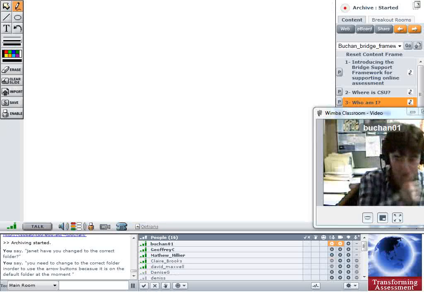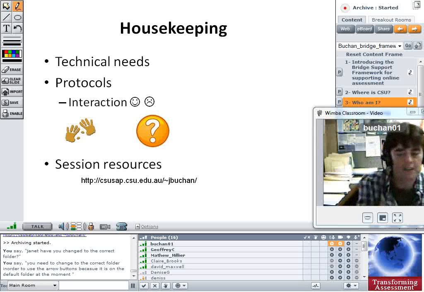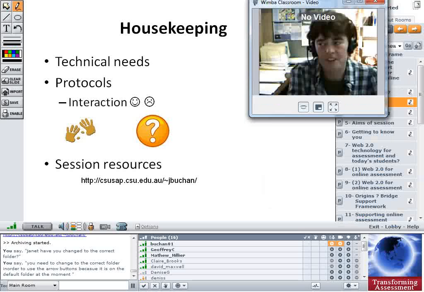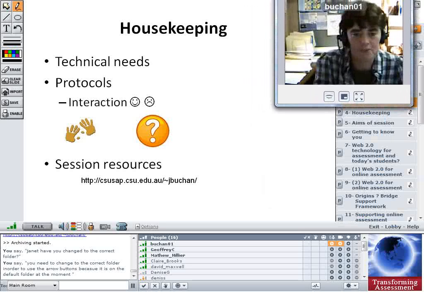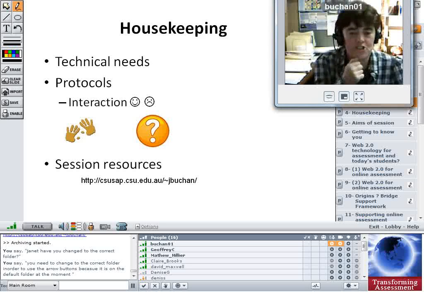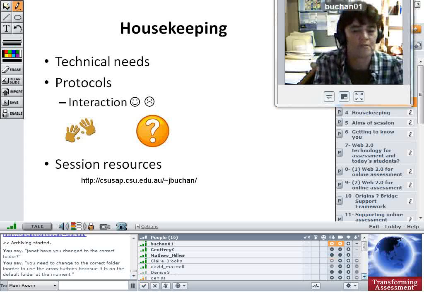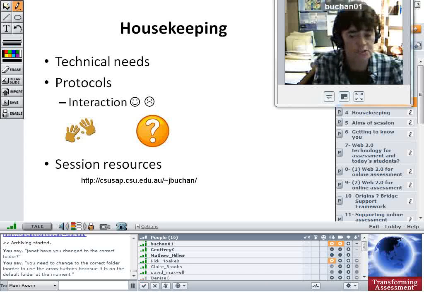All right, now we're on track, and just a bit of housekeeping from my side. Technical leads have been dealt with, and you've got Jeff and Matt. Protocols we've already dealt with for the overall session. On these slides, really to remind myself, the hands is an activity where I ask people to engage in some way.